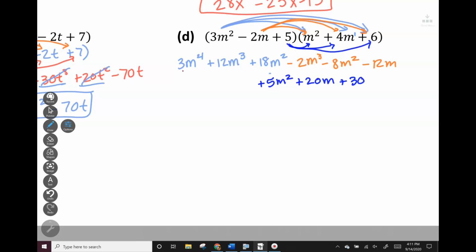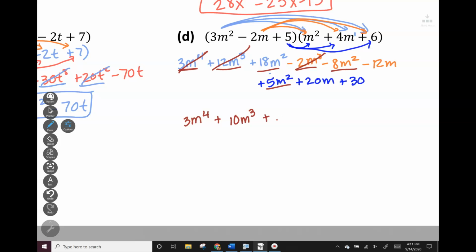So I don't have any other m to the fourths, so that's just 3m to the fourth. Now looking at my m cubes, there's m cubed. That's plus 10m cubed. My m squareds, got 3 of them.